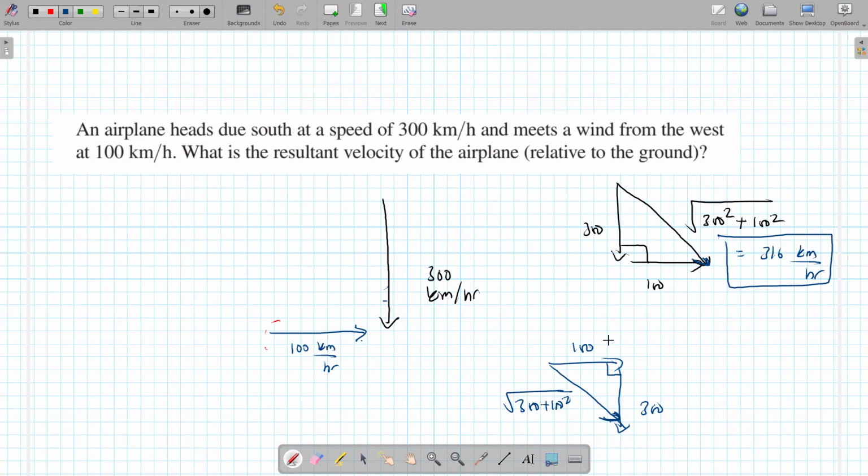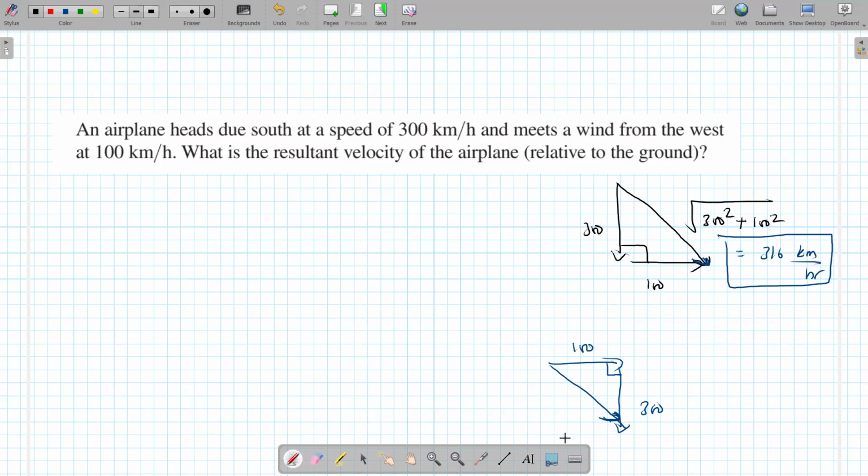We're talking about a velocity, so we need to have the direction. So now the question is, which direction do we find? What's the best angle to find? It honestly depends on how you want to label your system.